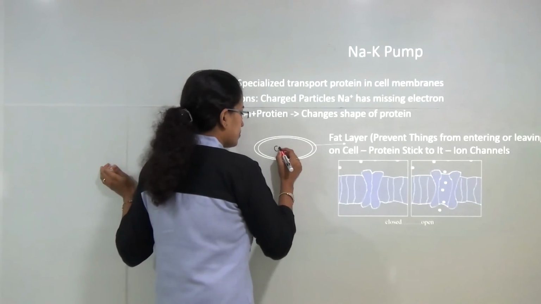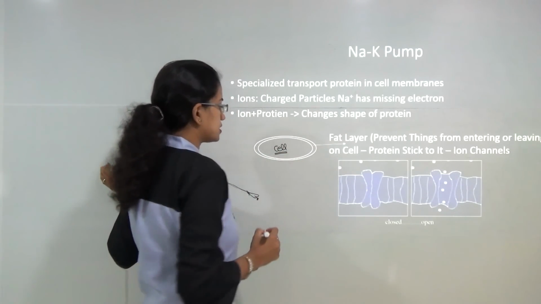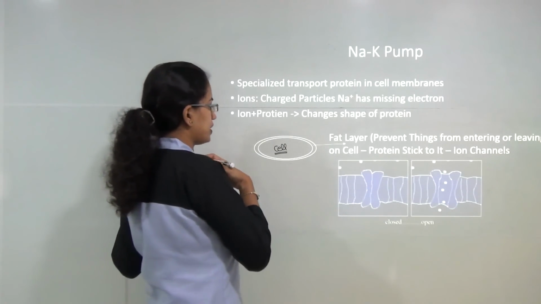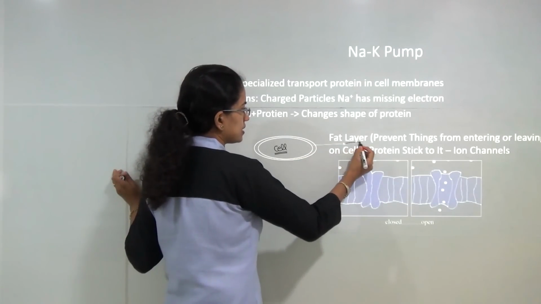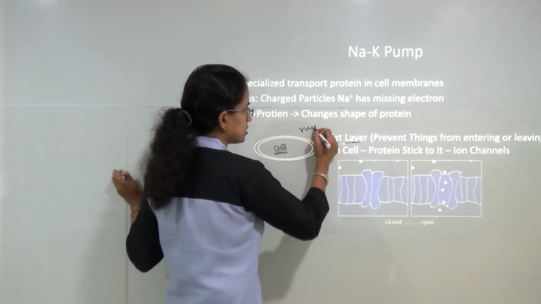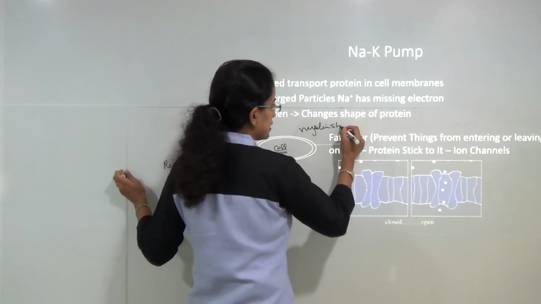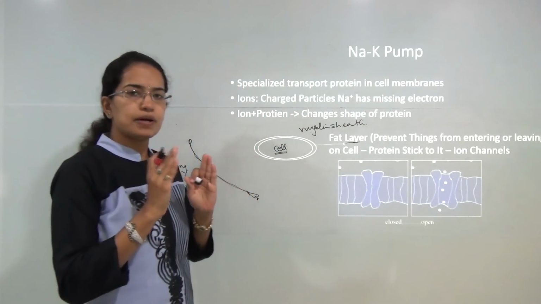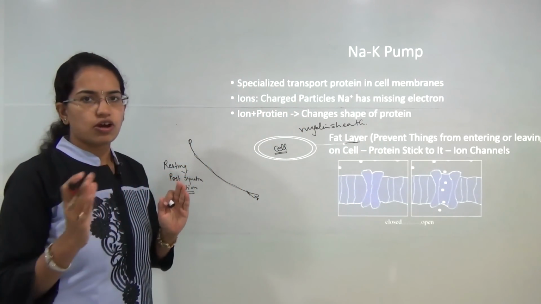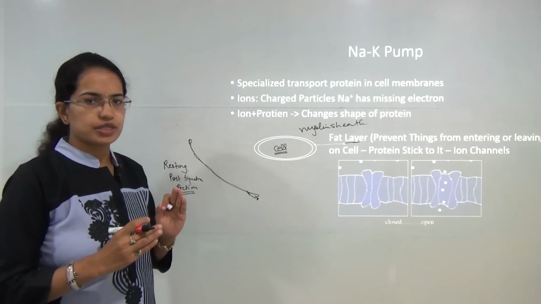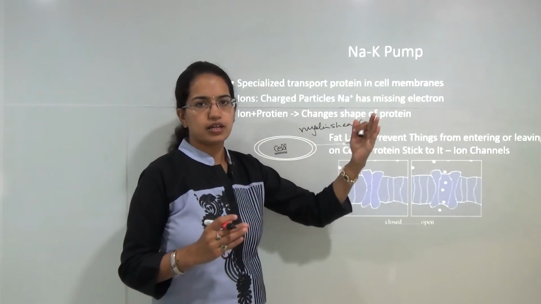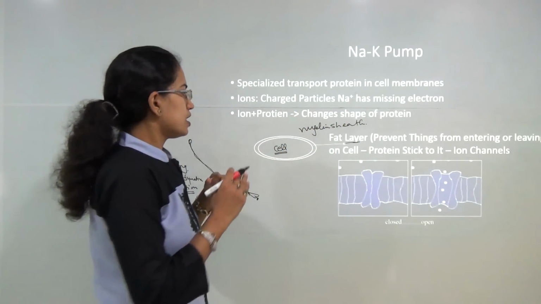As we talked about the neuron structure, you have the cell. The outermost layer of the axon is covered by a fatty layer known as the myelin sheath, and this myelin sheath is kind of impermeable to the movement of substances, or ion movement, I could say. So it prevents things from moving outside or entering into the cell.